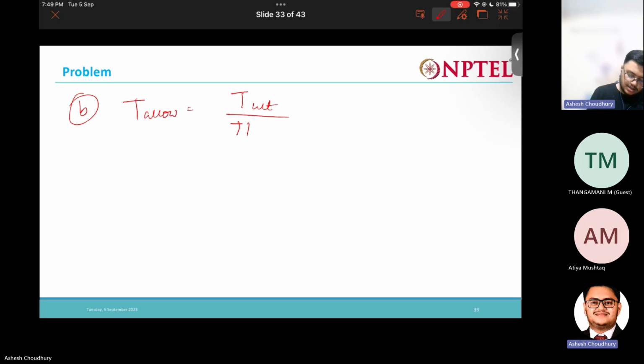The ultimate strength divided by the combined reduction factor, so this is 78.7 by 1.8. That is 6.67. 6.67.